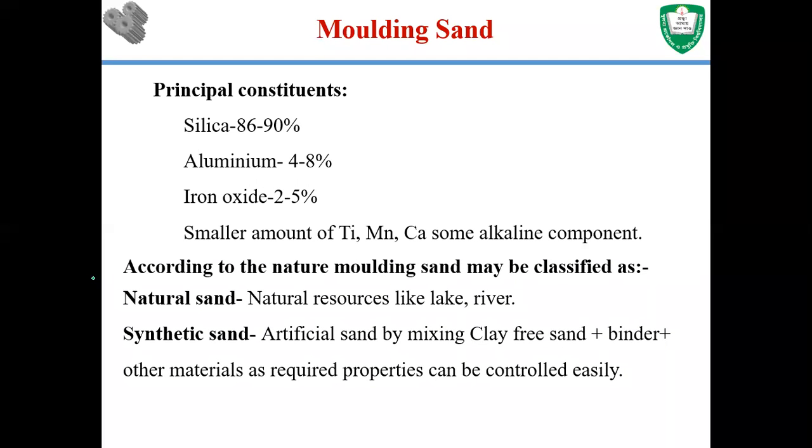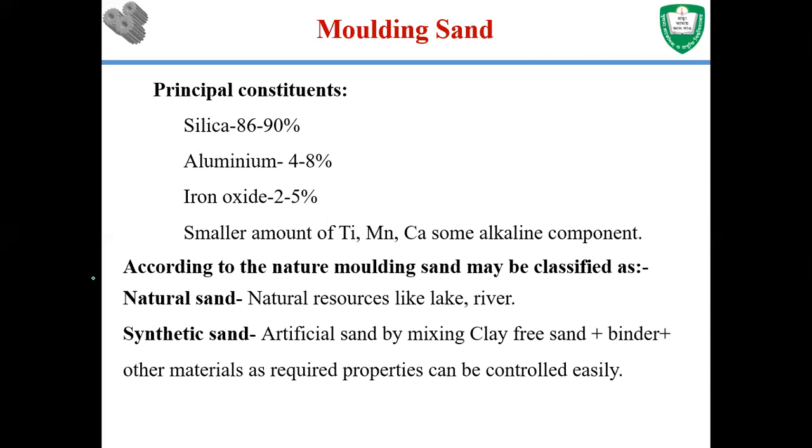According to the nature, molding sand can be classified into 2 groups. One is natural sand, that means the sand that we take out from the river or lake by dredging. And the synthetic sand is the artificial sand. You manufacture the sand by mixing clay-free sand, binder, and other materials, so required properties can be controlled easily.